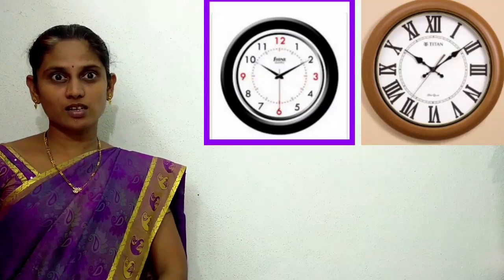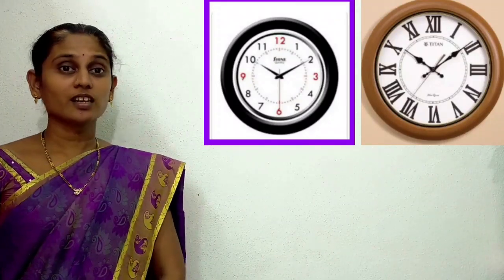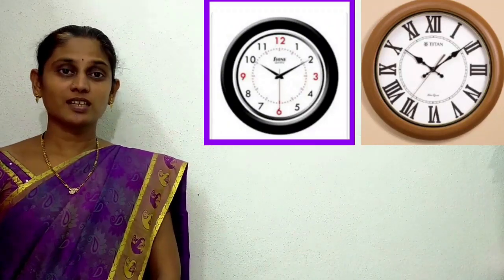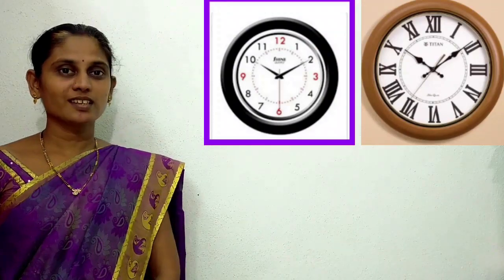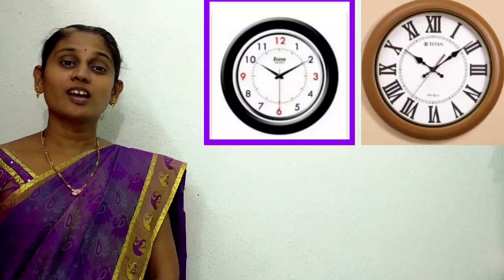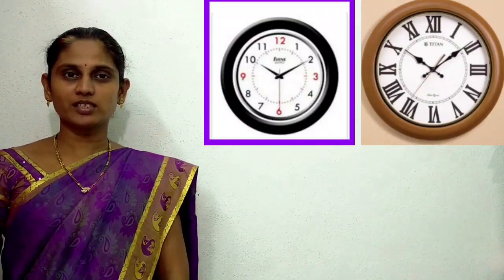The first clock shows us the numbers from 1 to 12 in Hindu-Arabic numerals. But the second clock shows us the numbers in Roman numerals. Children, do you remember in the previous session we discussed Roman numerals?